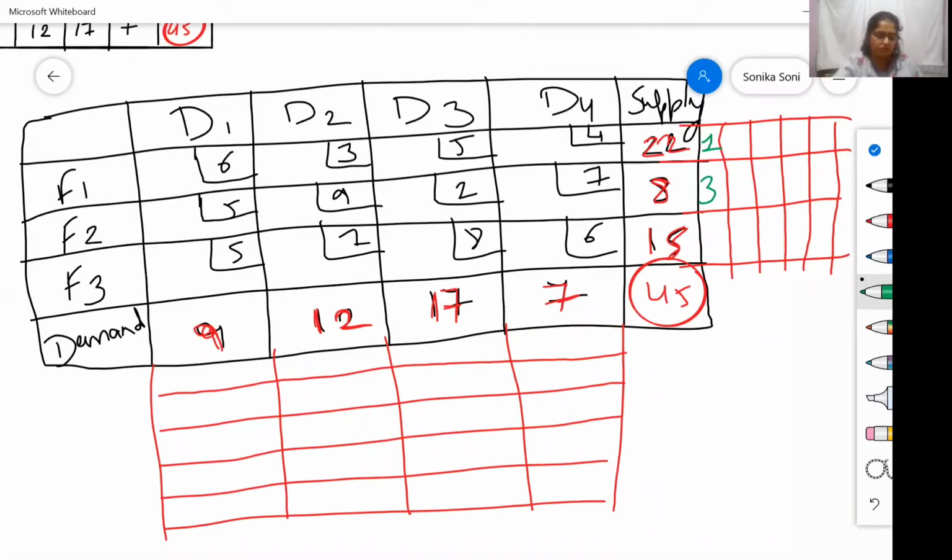Now in the F3 row, we have first lowest cost as 5 and second lowest cost as 6, which is in F3 D1 and F3 D4.